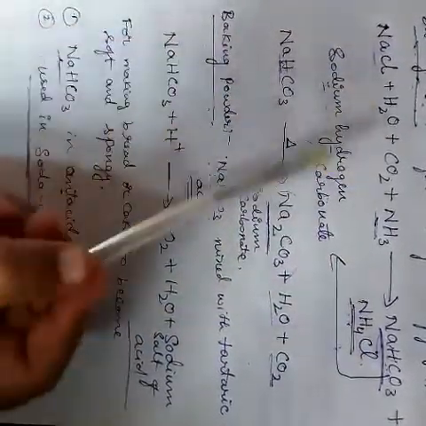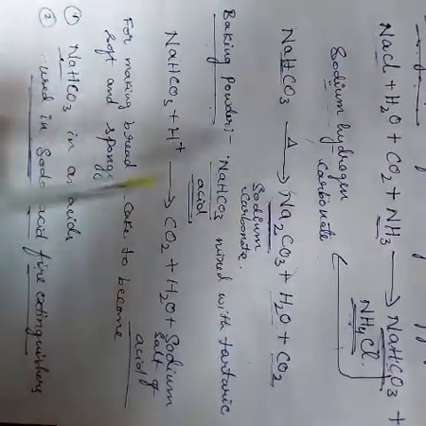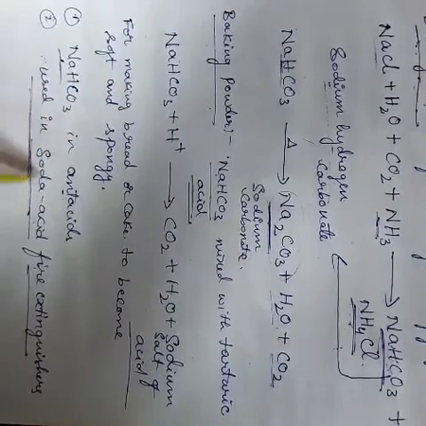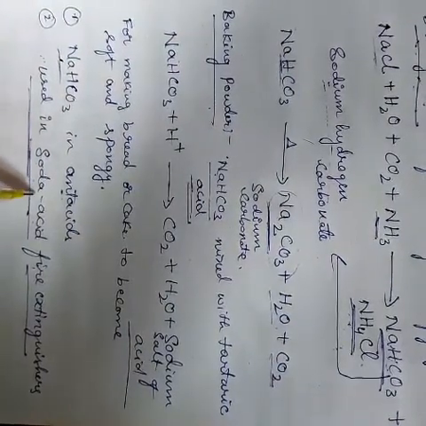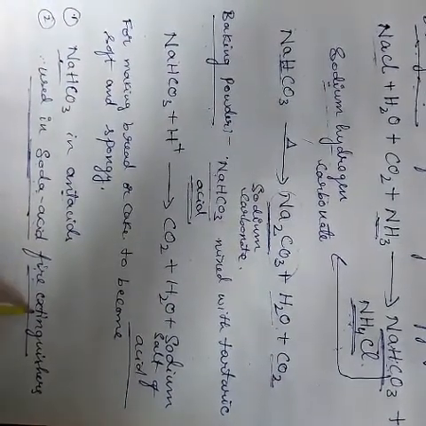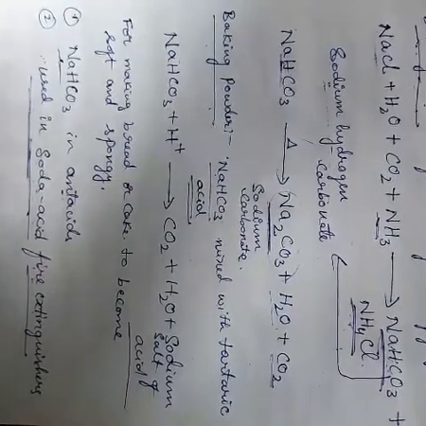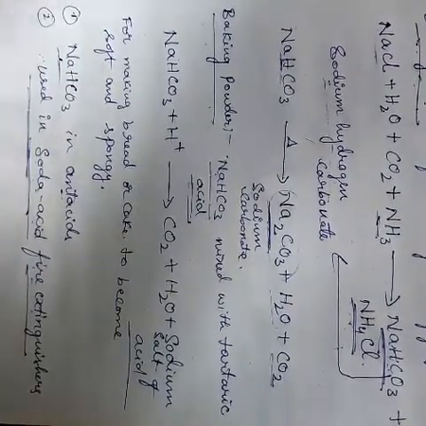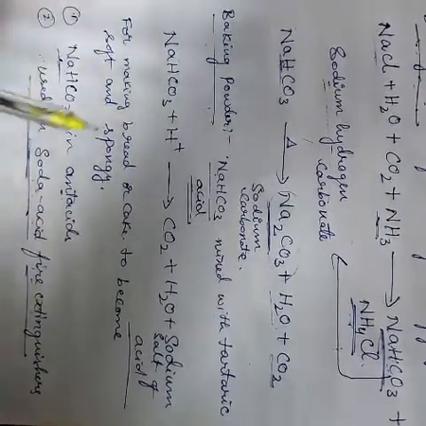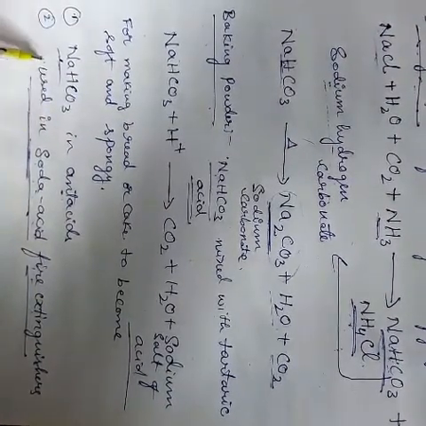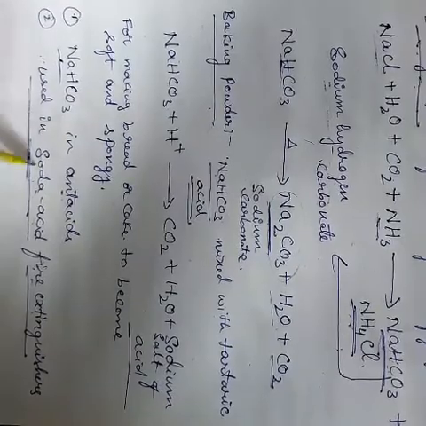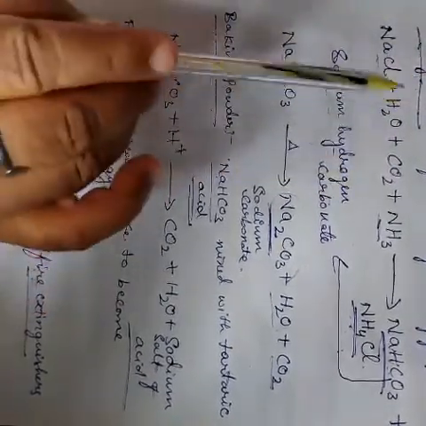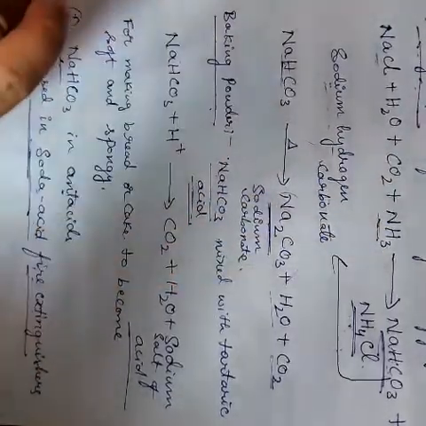They test with questions by giving the use. So if they ask: name the salt used in soda acid fire extinguishers and write down the formation of that salt and its equation, then you say baking soda is used in soda acid fire extinguishers, and it is formed using sodium chloride, water, carbon dioxide and ammonia.